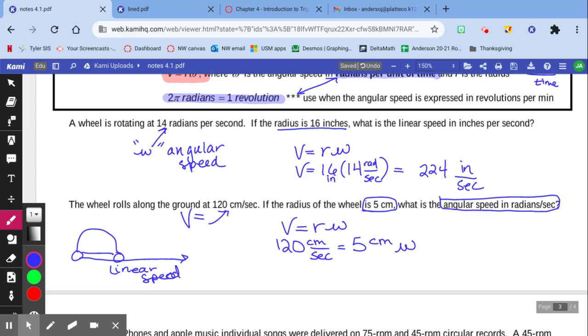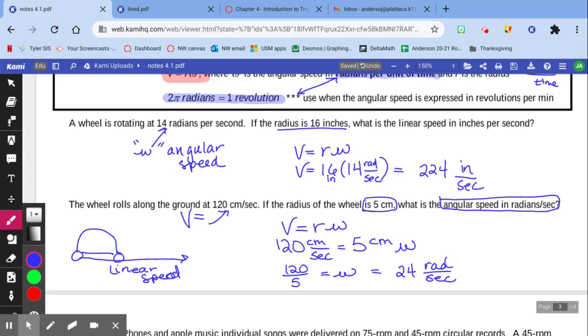So of course here I'm going to divide. I will take 120 divided by 5, and those centimeters are going to cancel. This is going to give me the angular speed, and this is going to equal 24 radians per second.